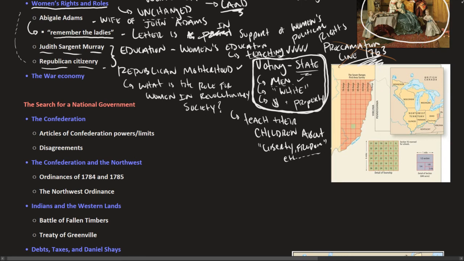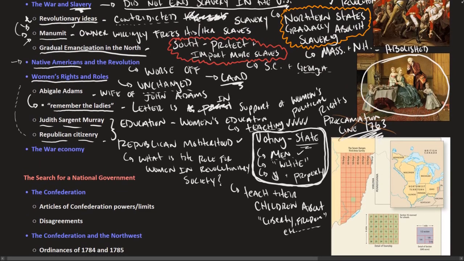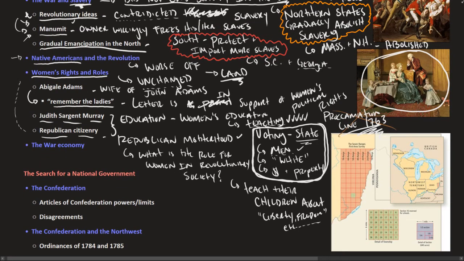All right, so that was this notion here. We'll talk more about how women's rights evolve over time in the United States. But if we look at the American Revolution as a catalyst for any type of change, it would be maybe the role of teaching, this notion of Republican motherhood, and the responsibility of women in American society.